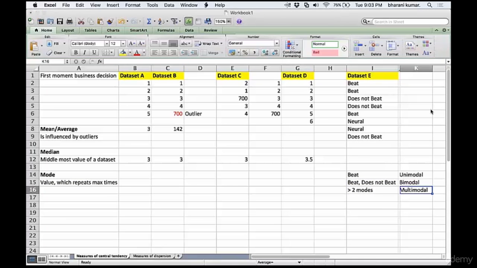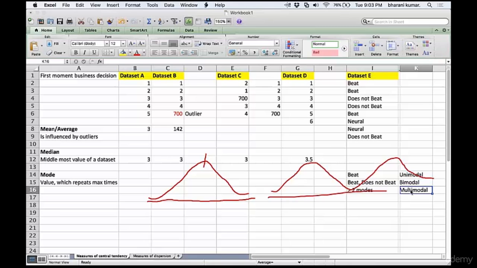For now, just remember this diagram. If you have only one peak, this is how your probability distribution would appear like. For now, just don't worry about anything else. Just focus on this. If you have one peak, it is called as unimodal. If you have 2 modes in that way, it is called as bimodal.